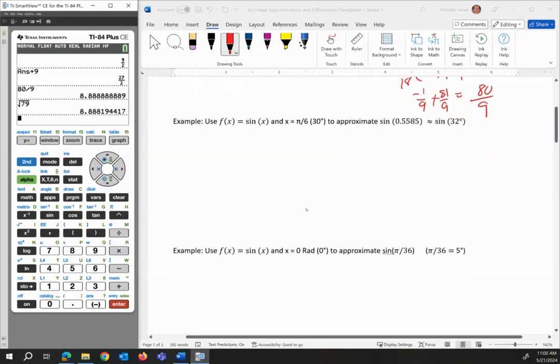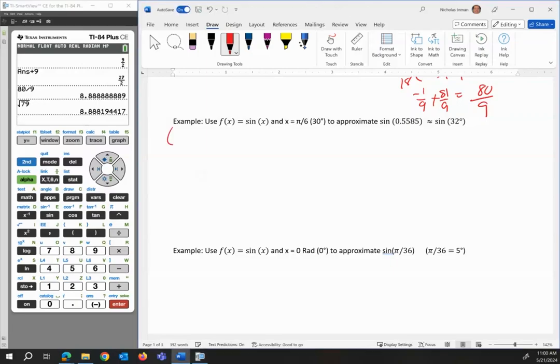So let's try it again. We have sine of x, and we know sine at pi over 6, which is 30 degrees. The y value, sine of pi over 6, is 1/2.